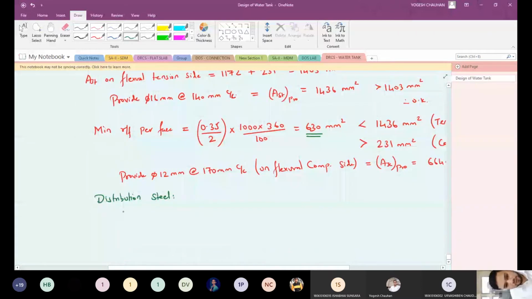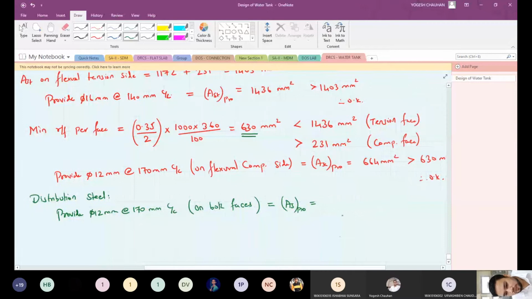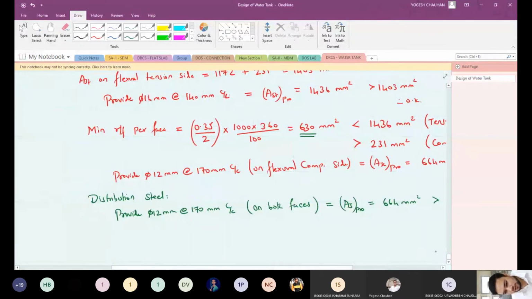So same, provide 12 dia at the 170 mm center to center, that is on both faces. So AS provided will be equal to 664 mm square, which is greater than 630 mm square. Therefore, okay. So summarize.